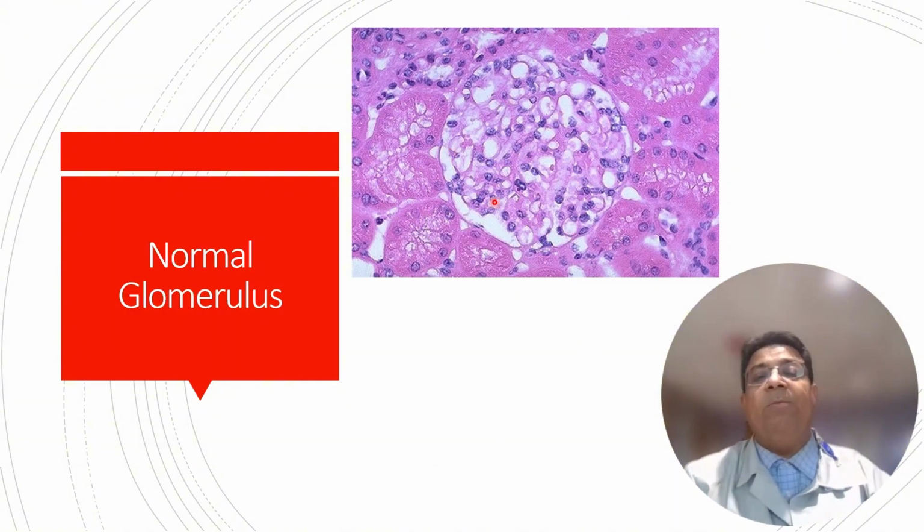The white stuff that you see there are open capillaries, so the capillary lumens are empty, not filled with inflammatory cells. And then the pink stuff is the glue that holds the glomerulus together. That's the mesangium. And the mesangium should not be hypercellular. By hypercellular, we mean more than 4 cells in any contiguous portion of the mesangium.